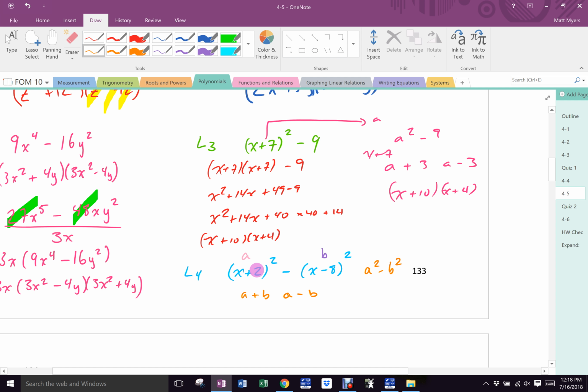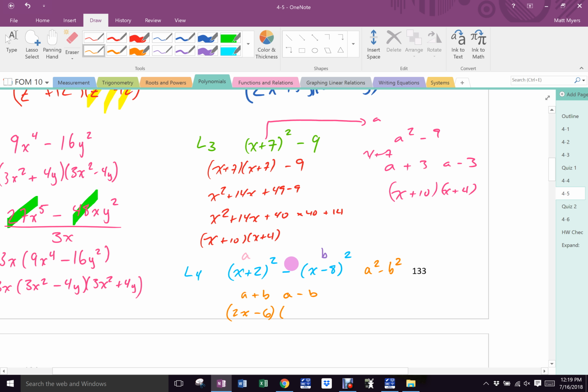A is x plus 2 plus x minus 8. So x plus x is 2x, right? And 2 plus negative 8 is minus 6. And then a minus b, x minus x is nothing.